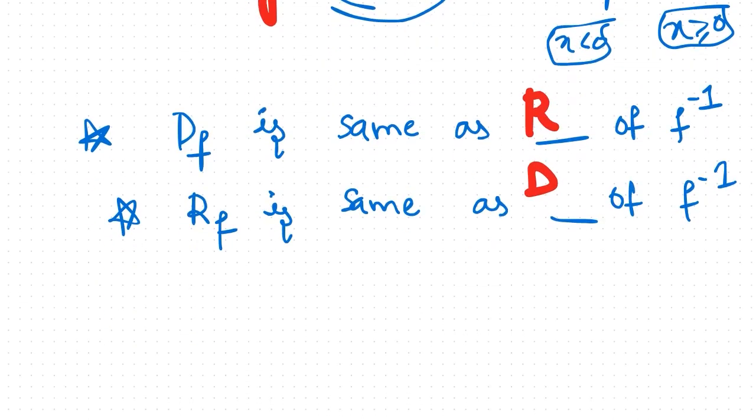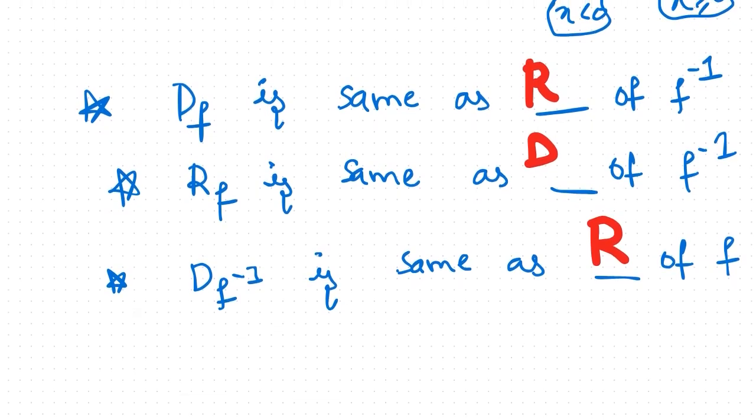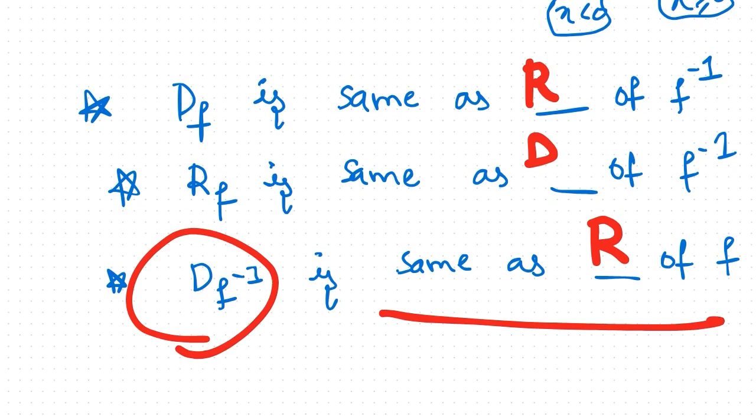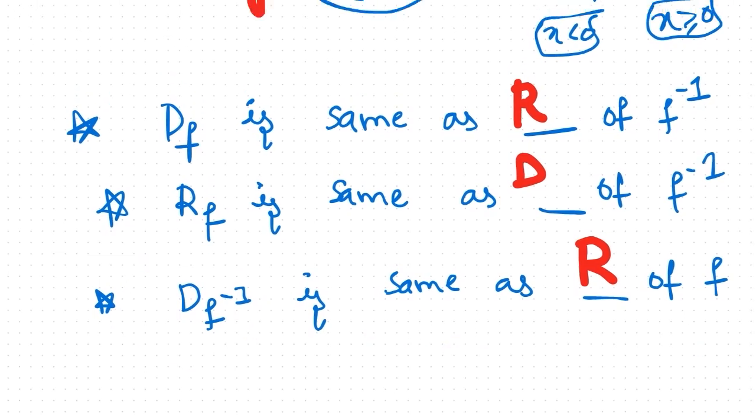So can I also say the domain of f inverse is the same as the range of f, and the range of f inverse is the same as the domain of f?